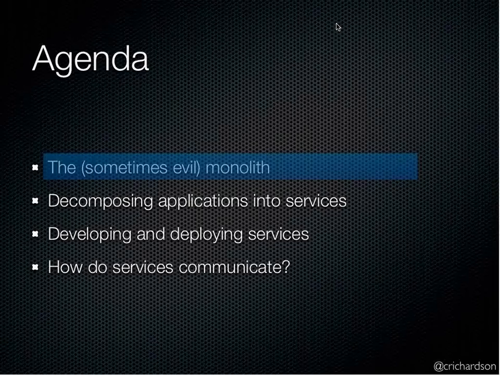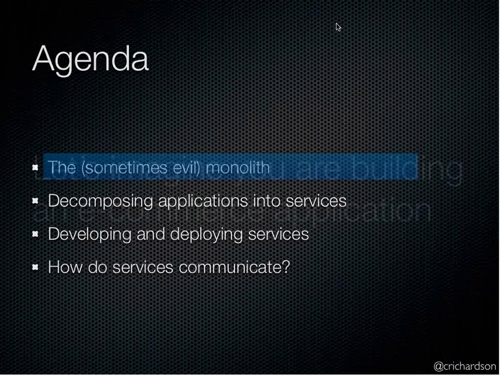I'm going to spend a little bit of time talking about what a service is, what it looks like, and how you deploy it. And then I'm going to finish up by describing the various options that you have to implement inter-service communication, REST and messaging, and talk about strategies for implementing robust, reliable communication mechanisms.